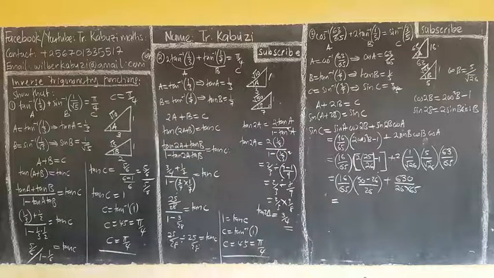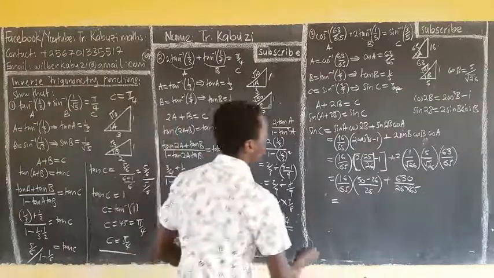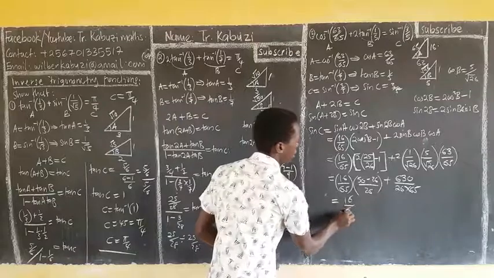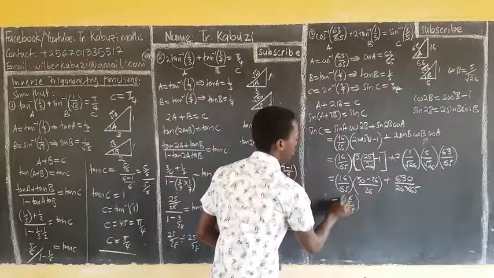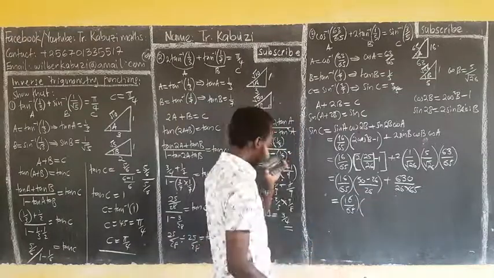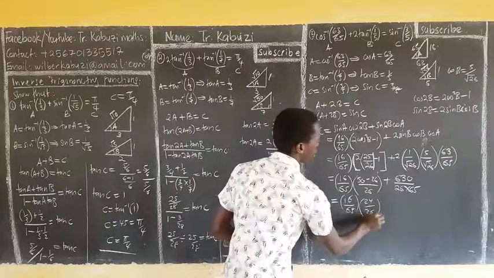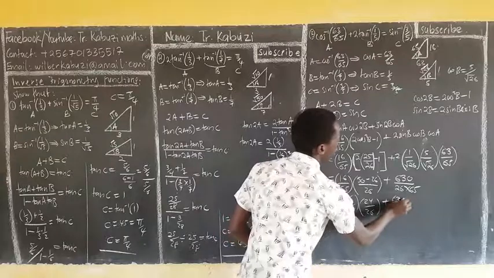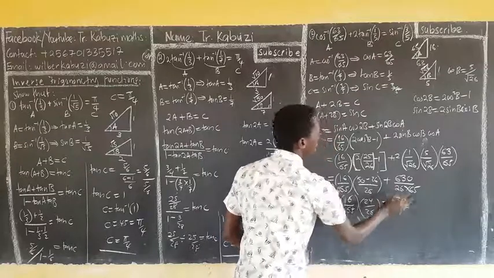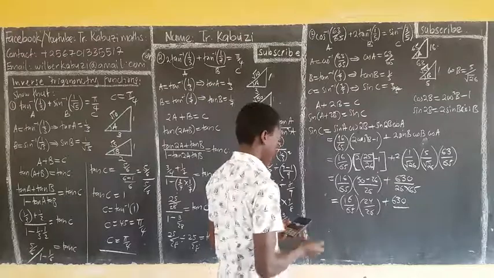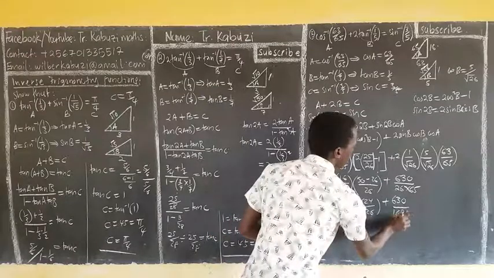From there, you see, here you have 16 over 65 into, this way we simplify so that we have 24 over 26, then plus 630 over 26 times 65, that is 1690.